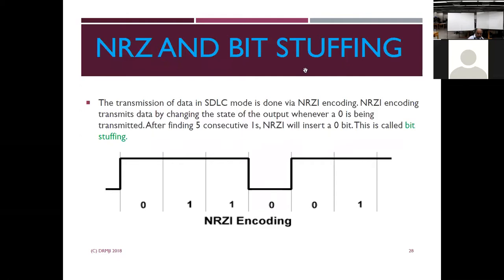Bit stuffing means that after 5 ones, a 0 is always inserted by the user on the transmission end, and at the receiving end, the receiver discards the 0 after 5 ones.